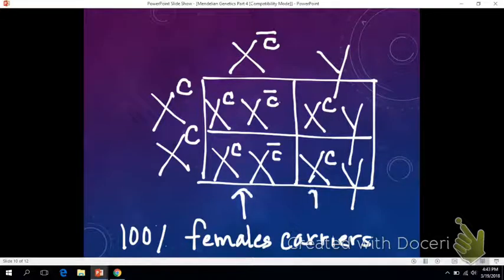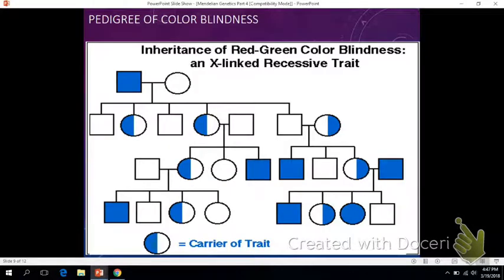Now look here at your males. These are XY. Okay, look, 100% are basically normal males. They have no color blindness, even though the father was colorblind. Now let's go back up and look at that.